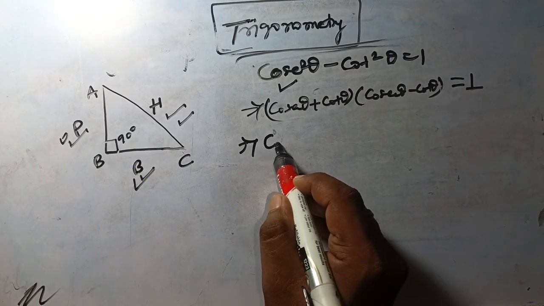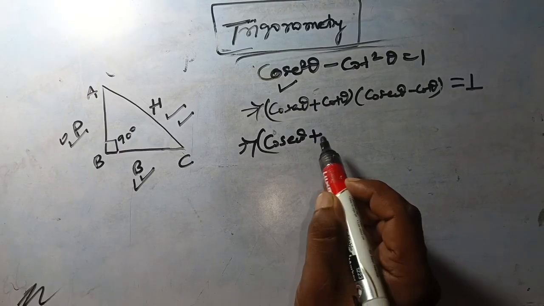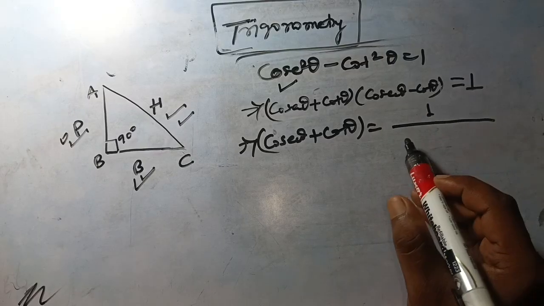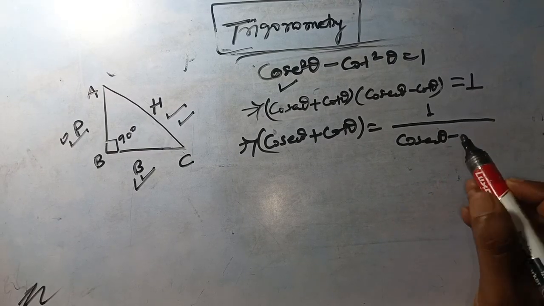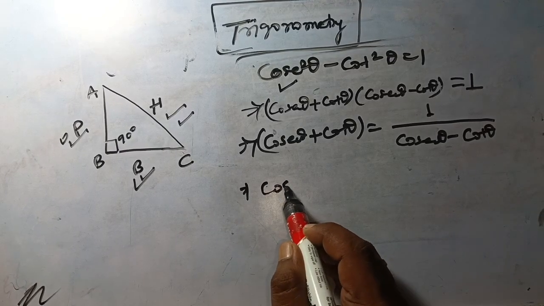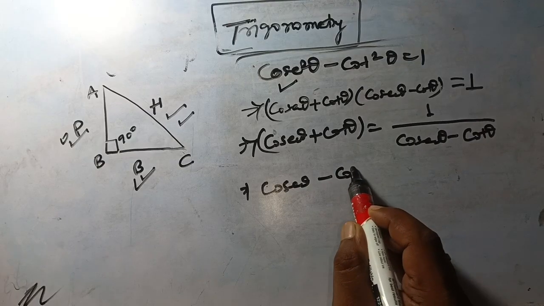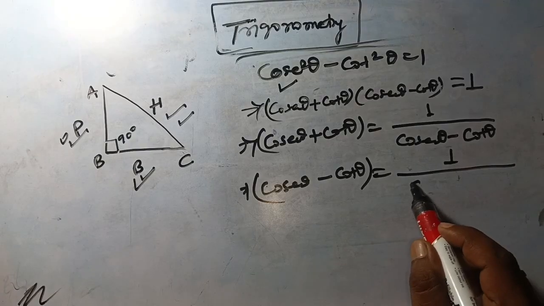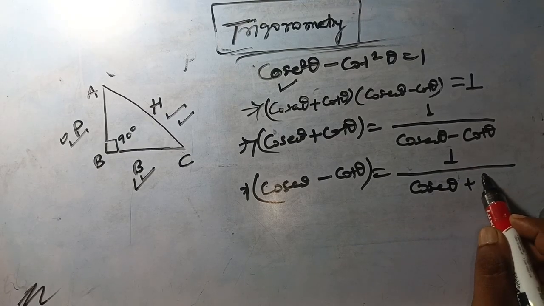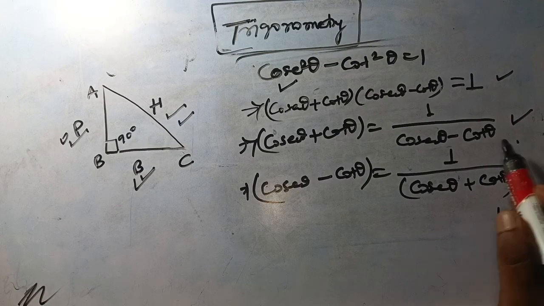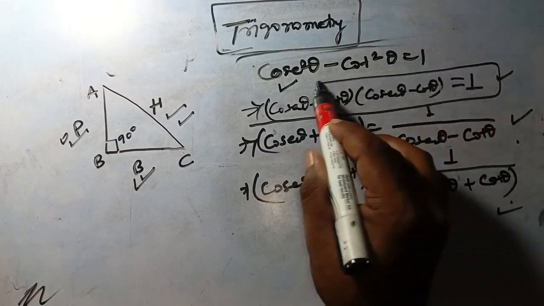Now cosec theta plus cot theta is equal to 1 upon cosec theta minus cot theta, and cosec theta minus cot theta is equal to 1 upon cosec theta plus cot theta. So these are the two formulas, and we also have to remember this.